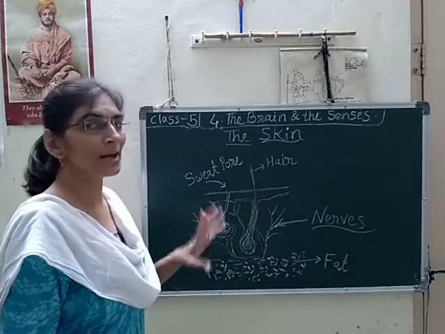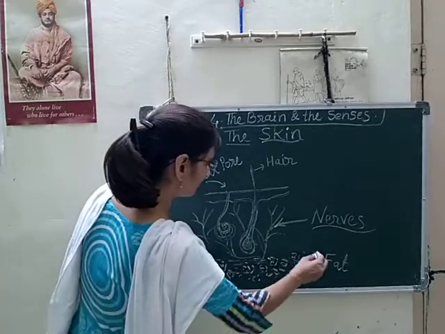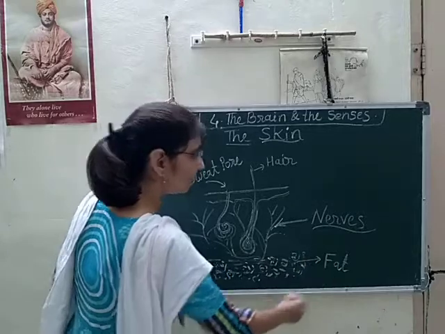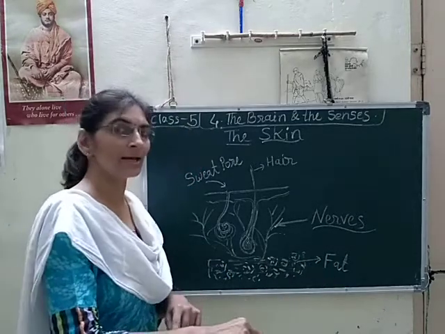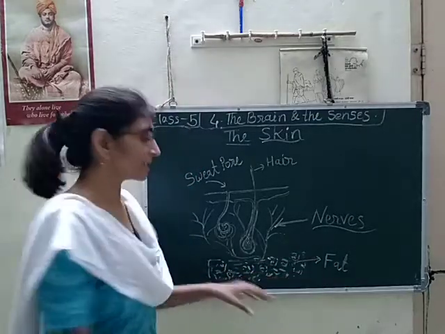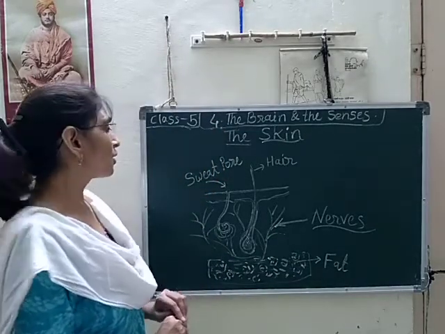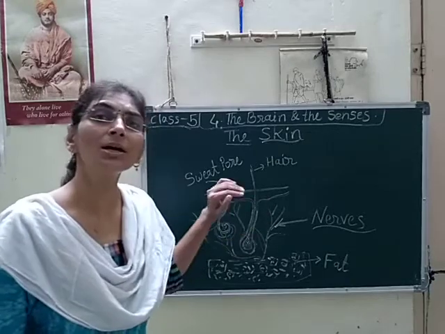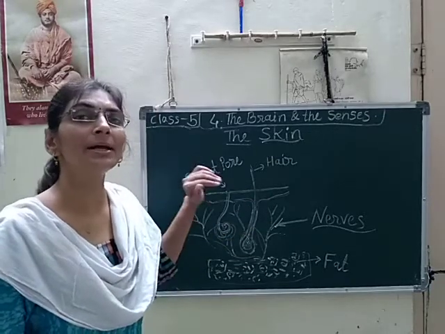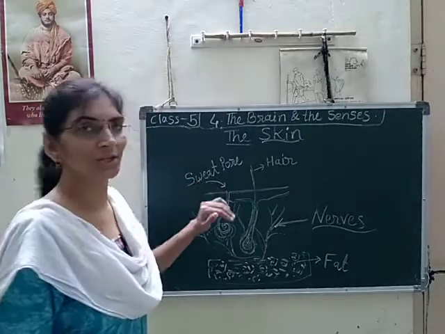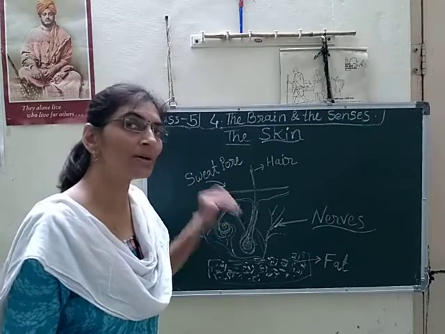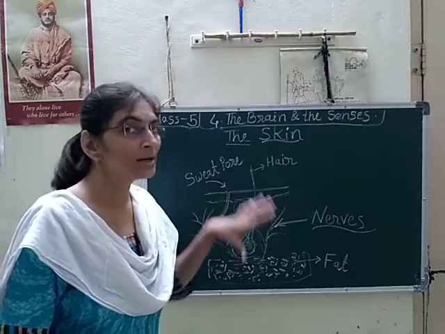Below all those things, at the bottom of our skin, the fat layer is present. This is the layer of fat. So this is the internal structure of our skin.